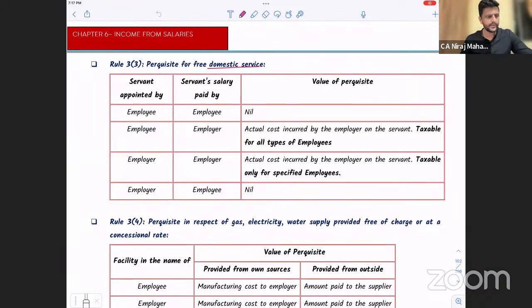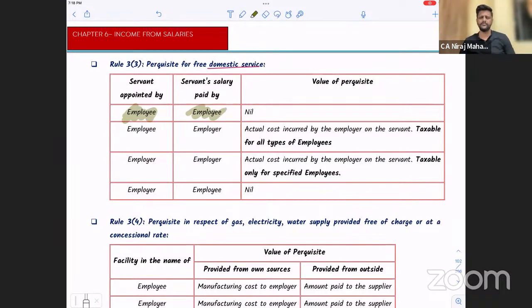Let's just go through the table quickly. If the servant is appointed by the employee and paid by the employee, is there any perquisite?